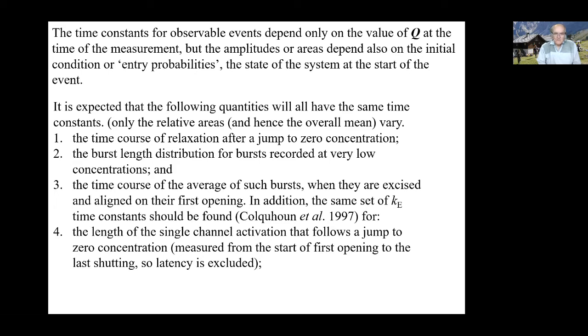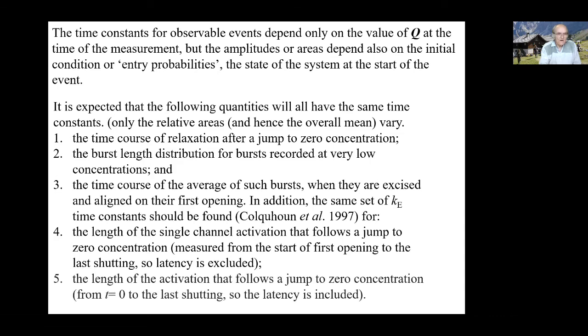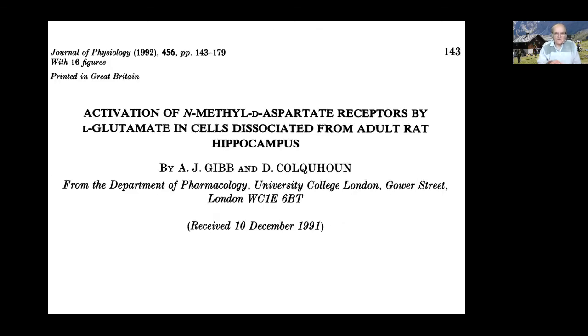Or the length of a single channel activation that follows a jump to zero concentration, measured from the start of the first opening to the end of the last opening, so the latency is excluded. Or the length of the activation that follows a jump to zero concentration from t equals 0 to the end of the last opening, so that we include the latency. All these 5 things ought to have the same set of time constants.